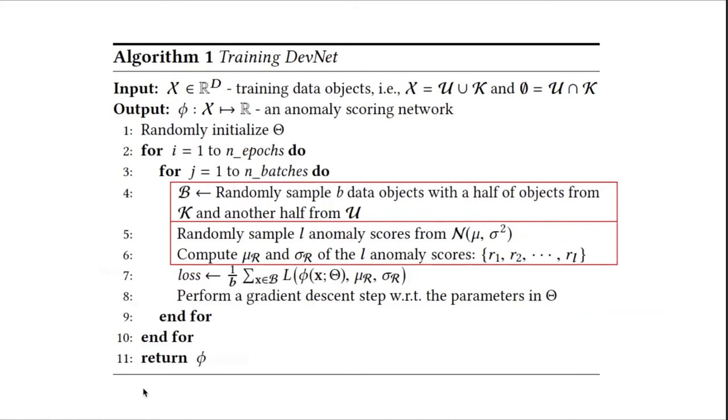And then they sample from the Gaussian distribution to compute the mu and the sigma. After that, they derive the loss and then perform gradient descent to learn the parameters. So any question about the framework, about the algorithm, before I move to the experiments?